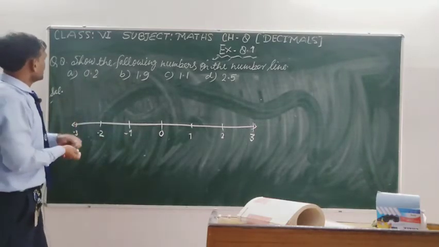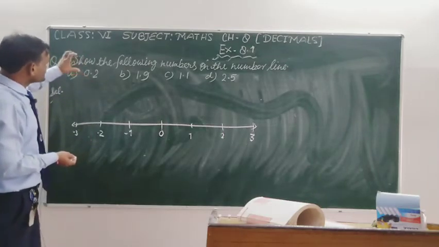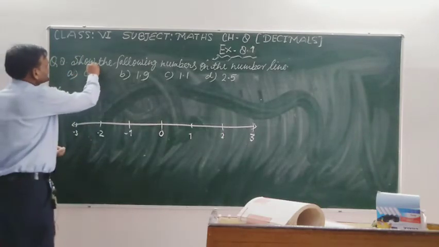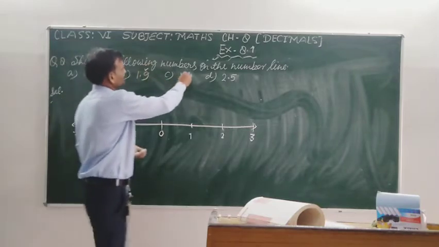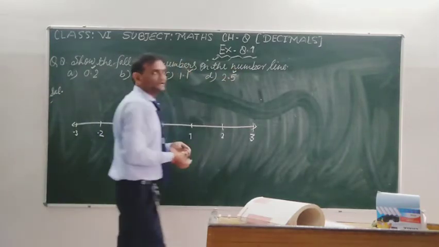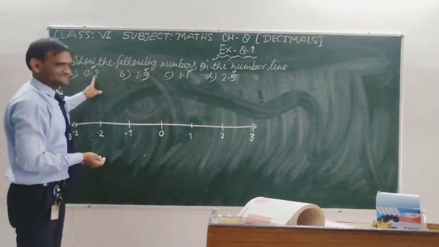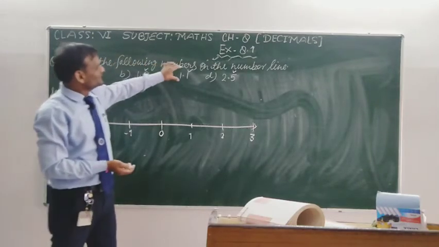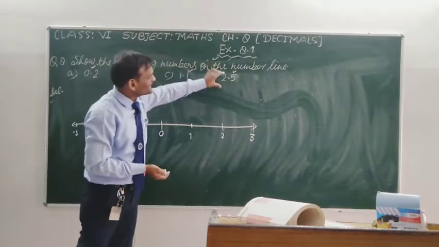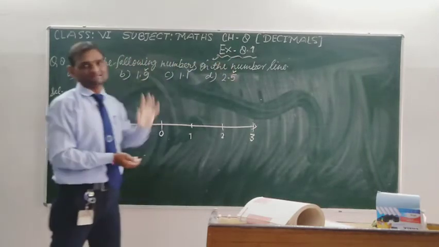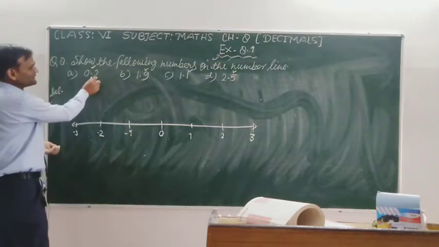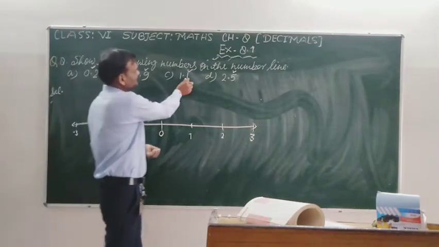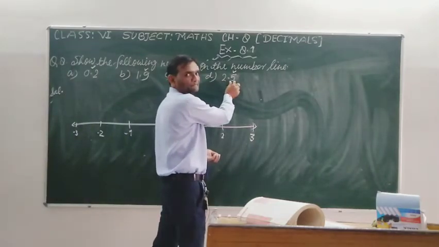Student, you are seeing that all decimal numbers are written to the 10th place. The decimal parts of the decimal numbers belong only to the 10th place. You can see 10th place, 10th place, 10th place and 10th place.